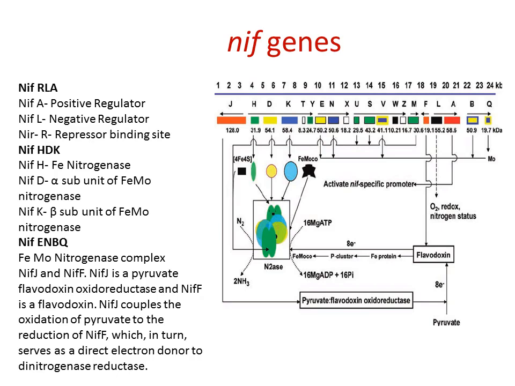As I said, there is one more gene called NIF-A. It is called the positive regulator. The main function of this positive regulator is to produce an inducer protein when the condition is favorable.